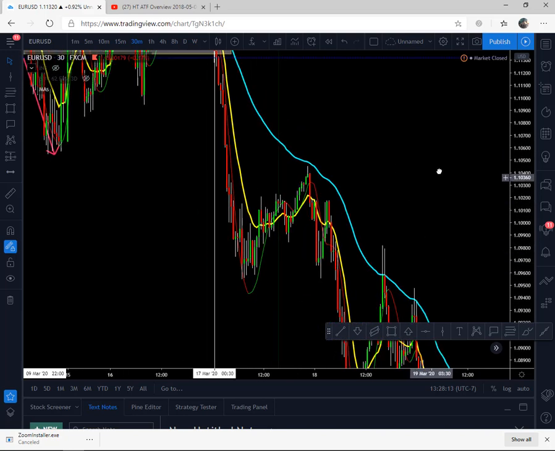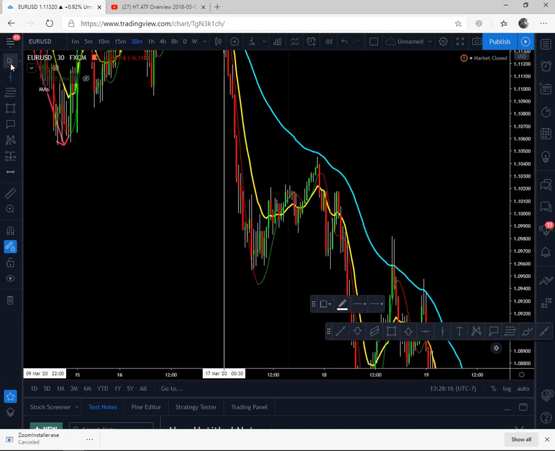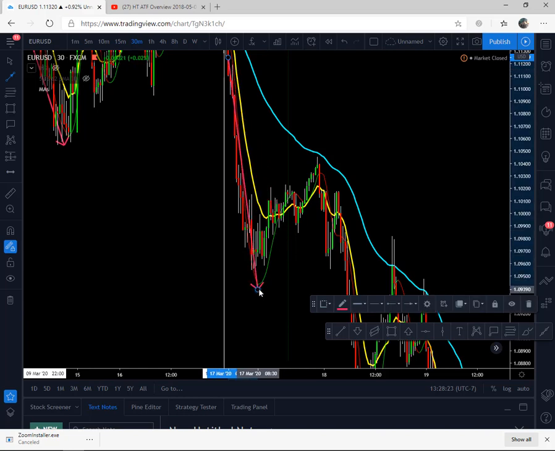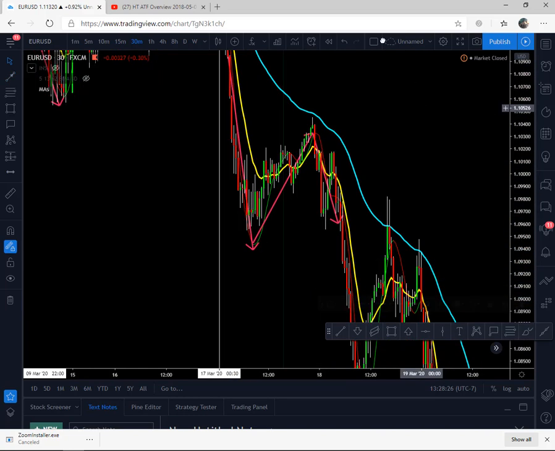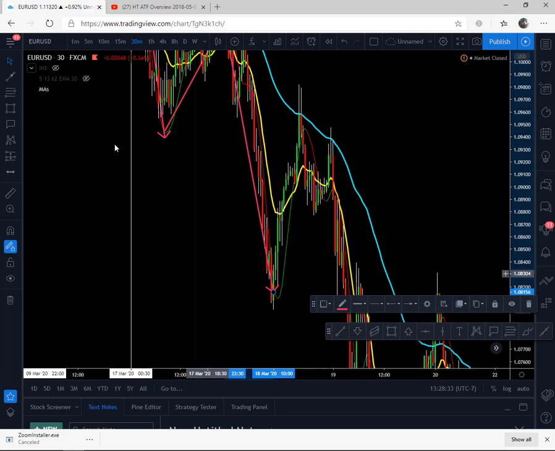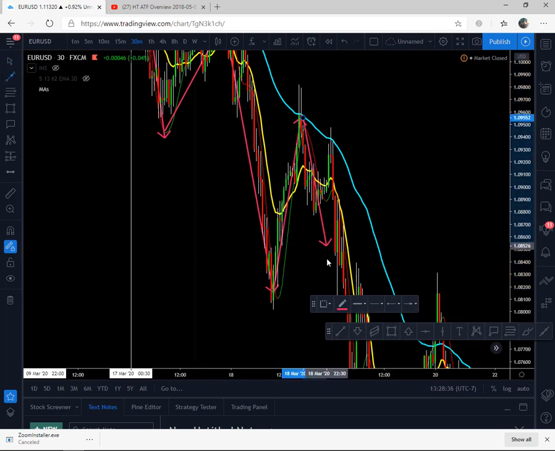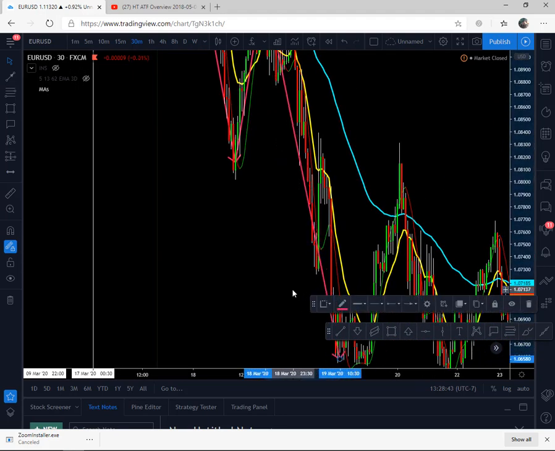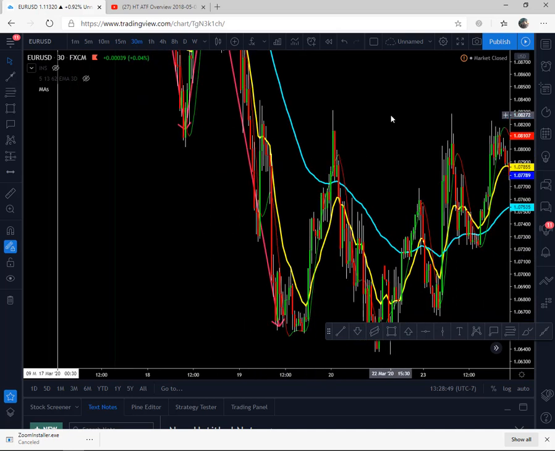And price just kept doing lower lows from that 13 62 cross. So to get my point across, the 13 62 cross signifies a potential change in trend direction.